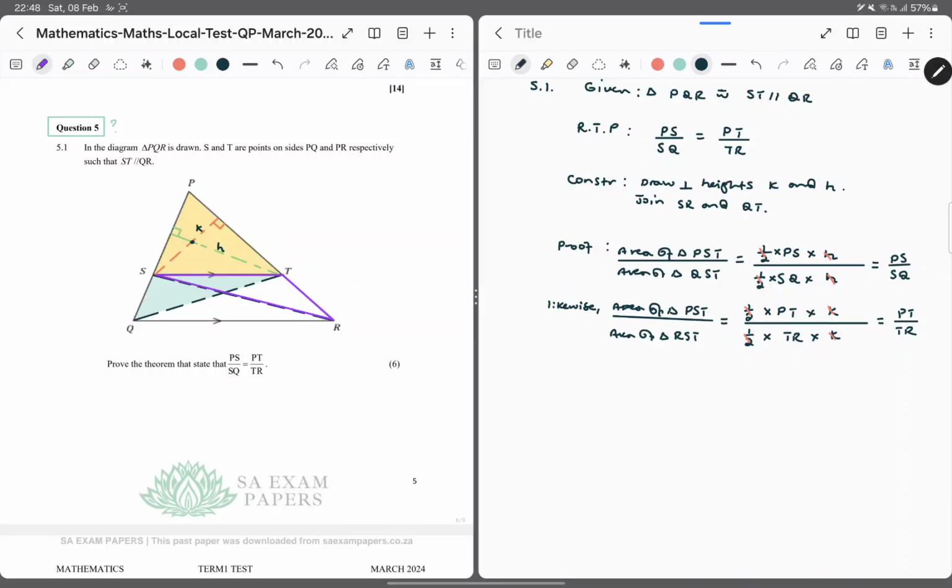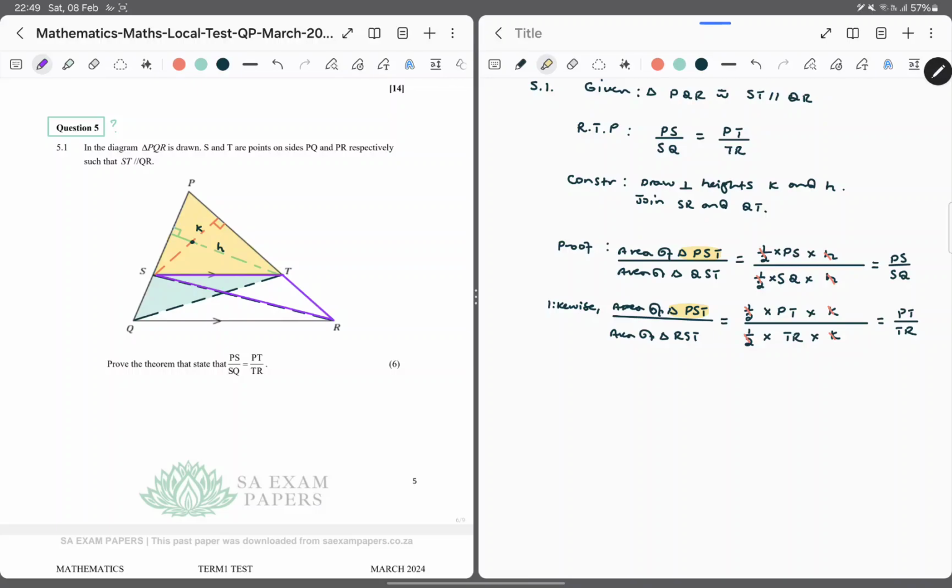Now, how do we link the two? If we note, we will see this is triangle PST. This is also triangle PST. So this means the numerator is the same. Okay? The numerator is the same. Because the area of this triangle will always be the area of that triangle, however we look at it. Great stuff. So, what do we want to say?